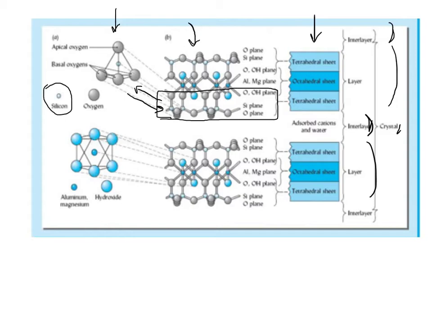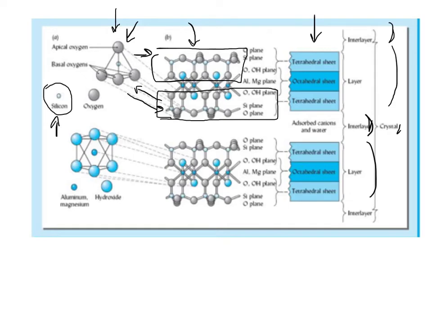So this sheet on the top has tetrahedral sheets, right? Remember we said this is a tetrahedron right here, and if we put it into sheets with a bunch of other tetrahedrons, we have a tetrahedral sheet. Most often these are made up of silicon.